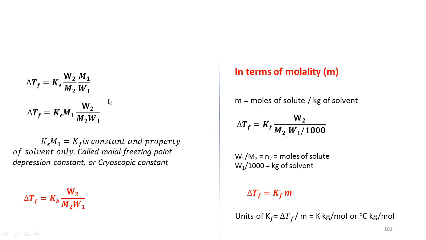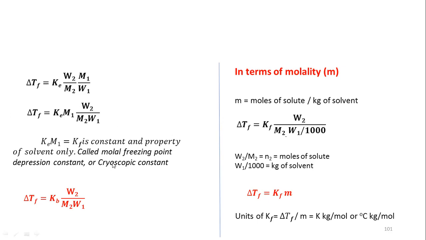Now look at this point. Ke is the constant and M1 is the molar mass or the molecular mass of the solvent, and these two remain constant, and together they are equal to the Kf, which is a constant, and it is a property of the solvent. That means it will vary from solvent to solvent. If it is water, it will be different, and if it is another solvent, let's say ethanol or methanol, this value will change because this is a property of the solvent.